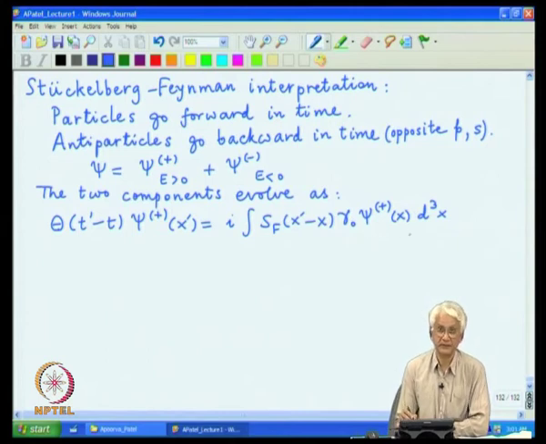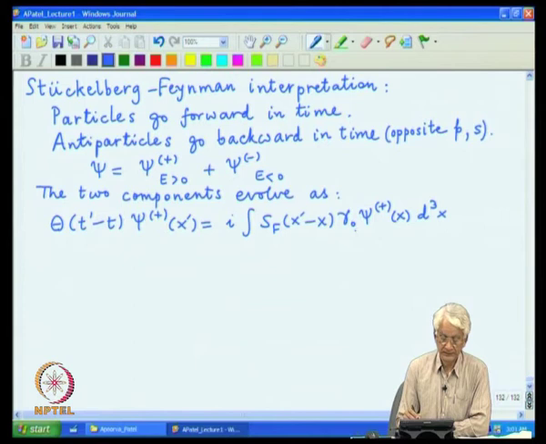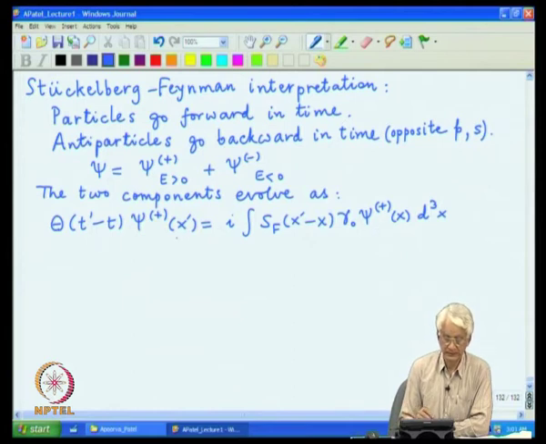Multiplied by gamma 0 psi integrated over d cube x, and gamma 0 essentially is the operator which separates the positive and the negative energy parts. In the covariant language, it appears automatically to connect between psi plus projection, and the total wave function which is psi.